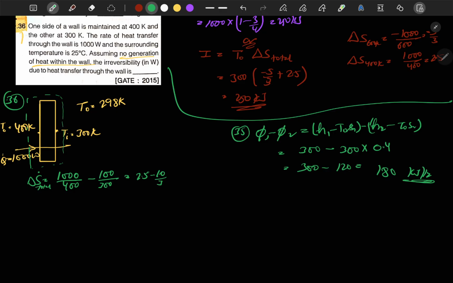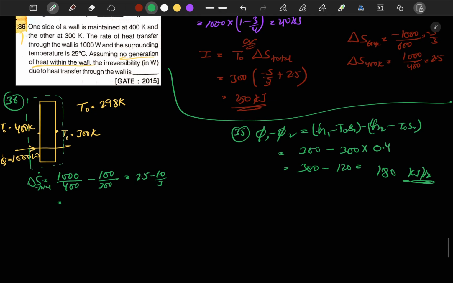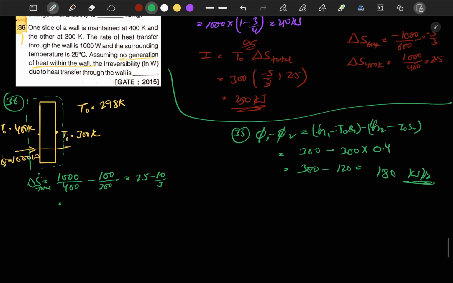If we calculate both the values and solve this, we get minus 0.833.